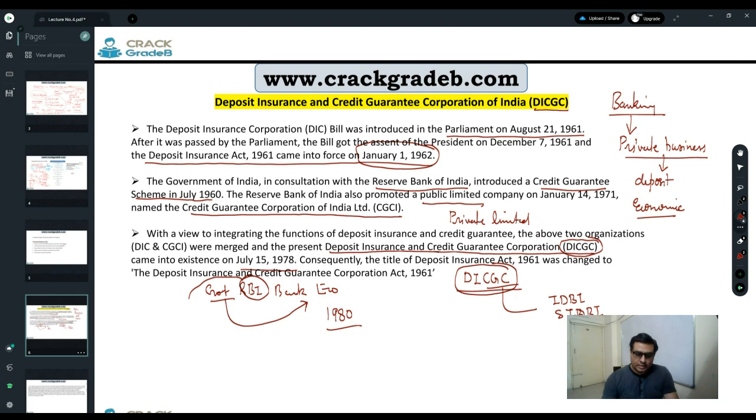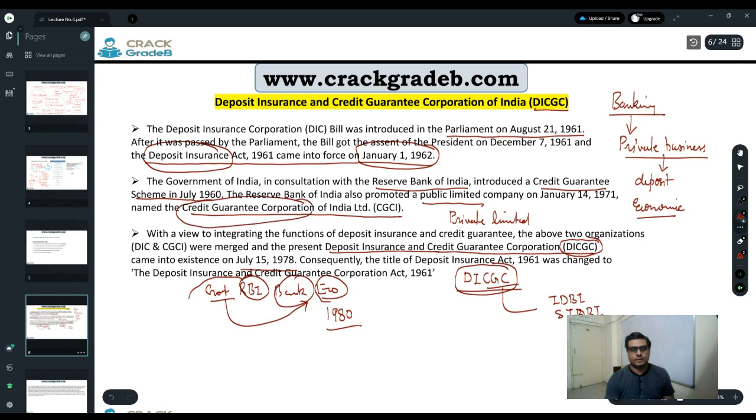So the government started directly focusing on the economy by providing economic assistance and aid, and also through banks like IDBI and SIDBI. So the role of DICGC at present is more and more focused on what? On deposit insurance rather than providing credit guarantee.